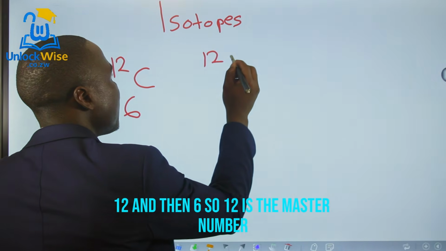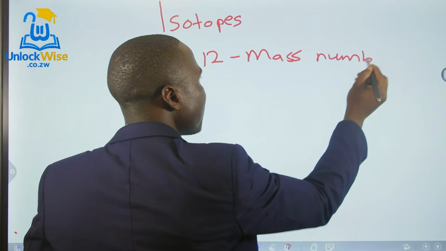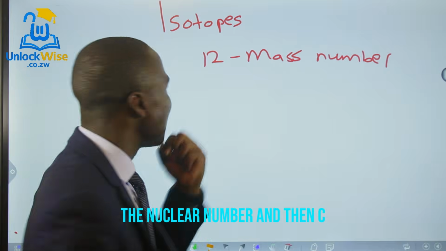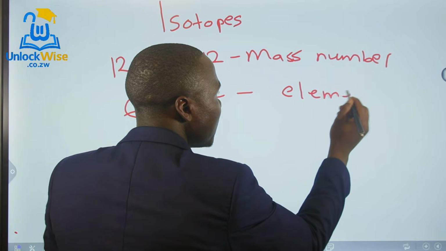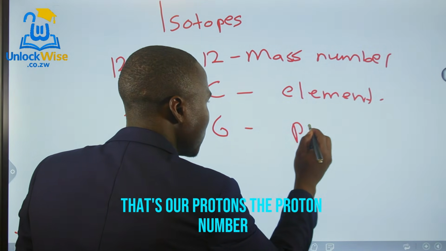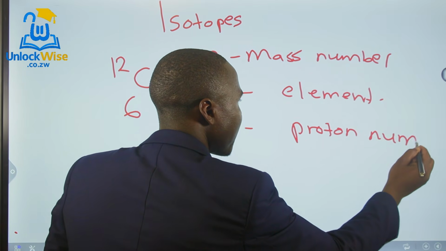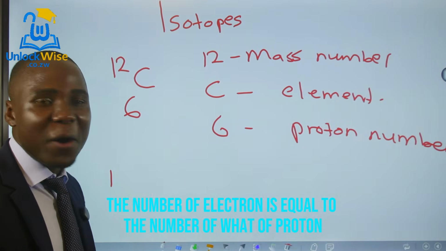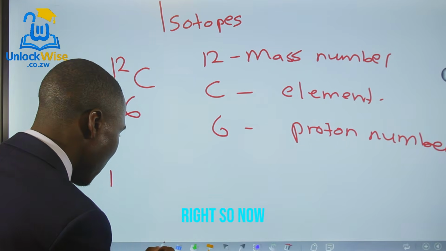So 12 is the mass number, the nucleon number. C is the symbol for the element. Then 6 is our protons, the proton number. And please take note, the number of electrons is equal to the number of protons.